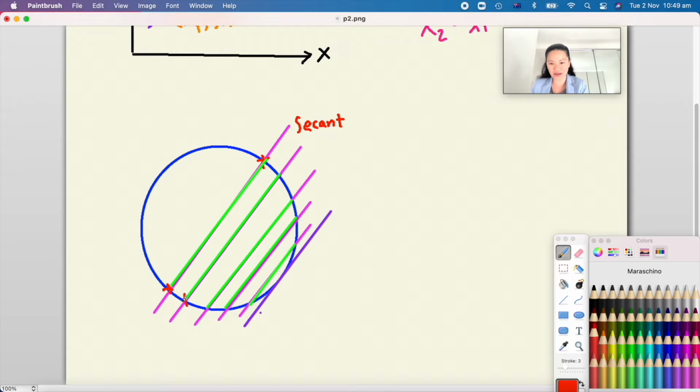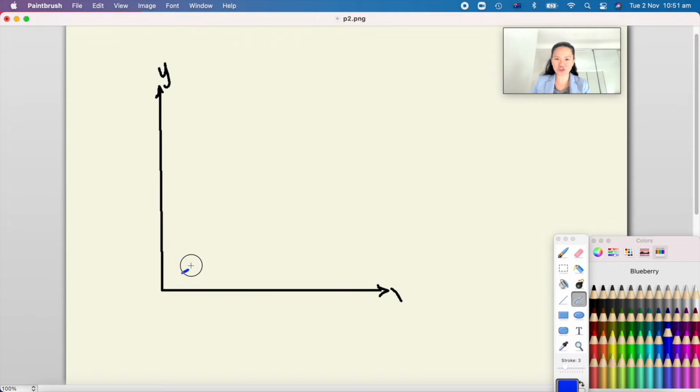Can you see from here? The green line gets smaller until it approaches zero. This line that touches the circle, we call a tangent.